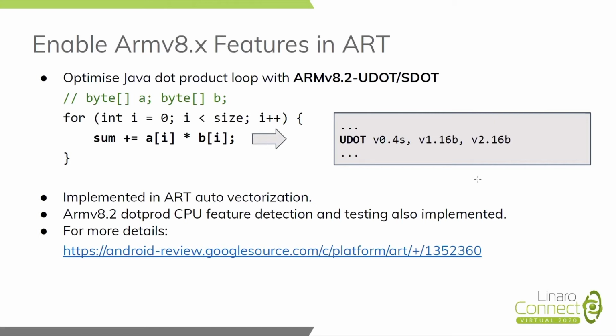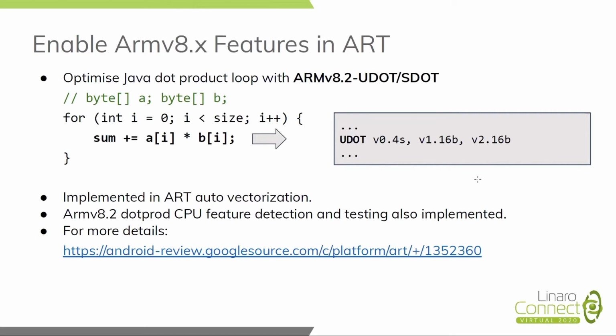We have introduced an optimization in ART to teach the ART compiler to recognize this dot product loop pattern and auto-vectorize it, and replace the loop kernel with a single SDOT and UDOT instruction.